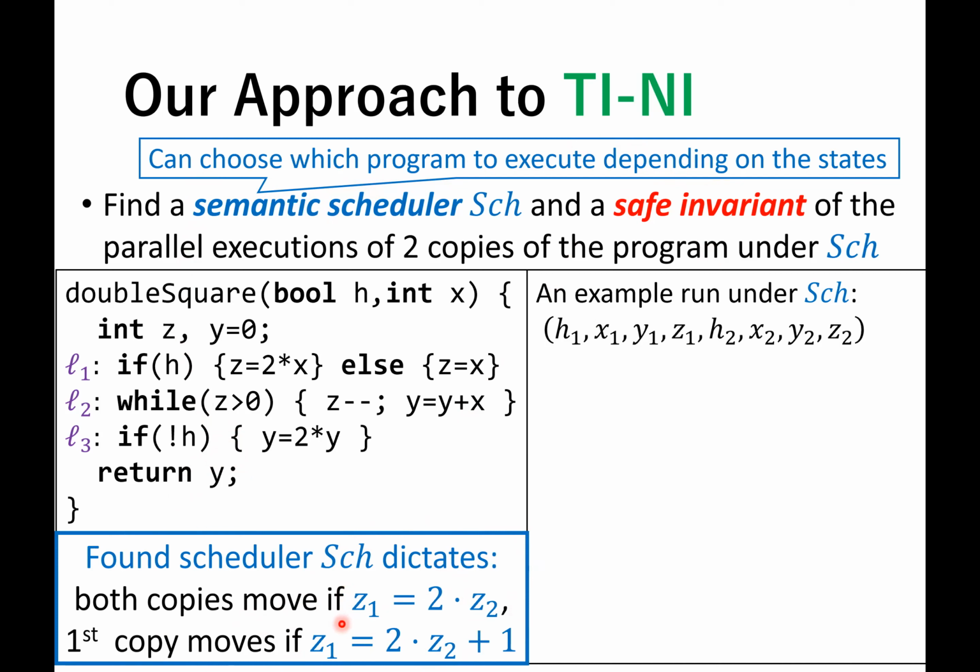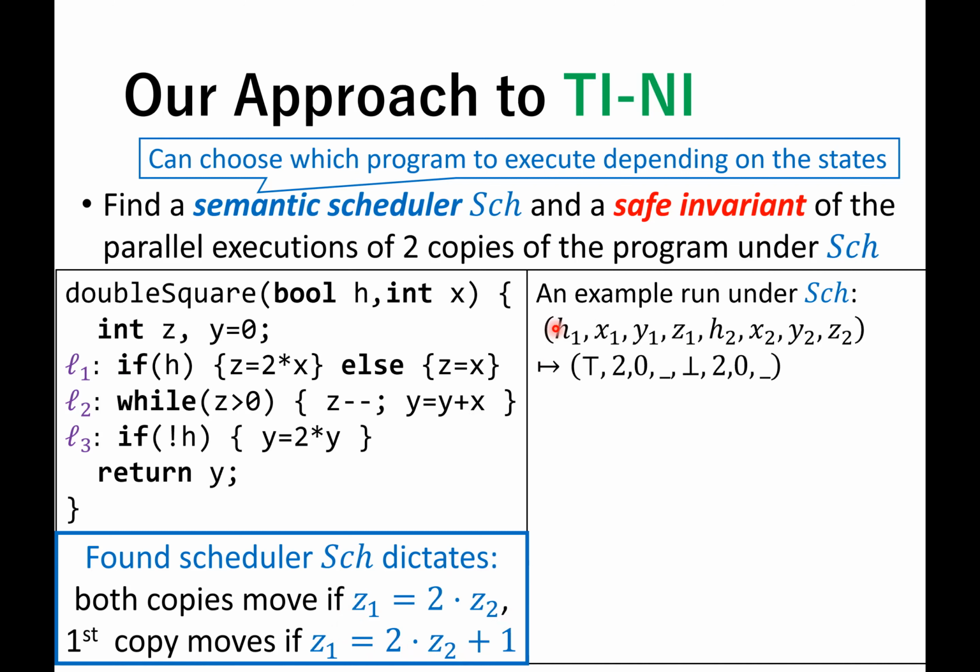It says that if the values of z satisfy this condition, then the scheduler schedules both copies. By contrast, if this condition holds, then the scheduler schedules only the first copy. For this scheduler, we have a safe relational invariant expressible in linear integer arithmetic. We will see later.